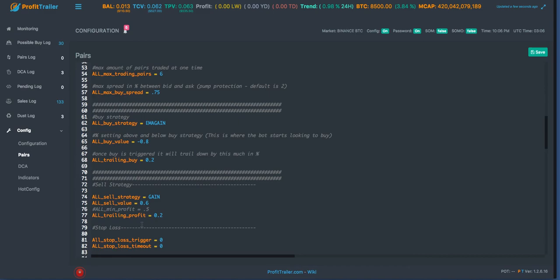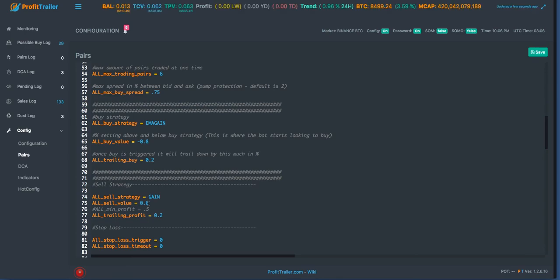And the same thing for my sell value. I used to have this at 0.8, but I had to account for my trail and subtract that from where I really want to exit the coin. Have to subtract that from my sell value to execute it at a 0.8 profit.